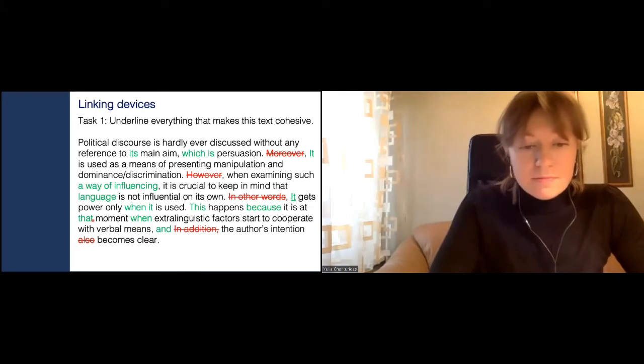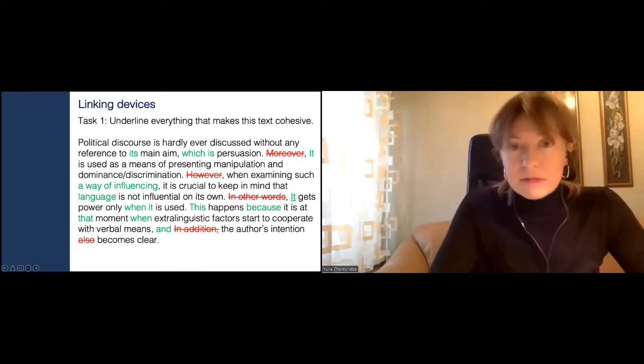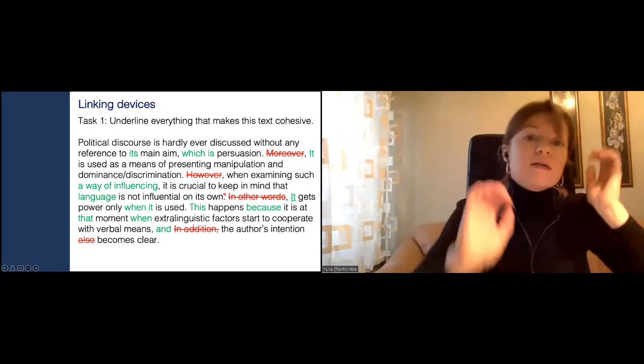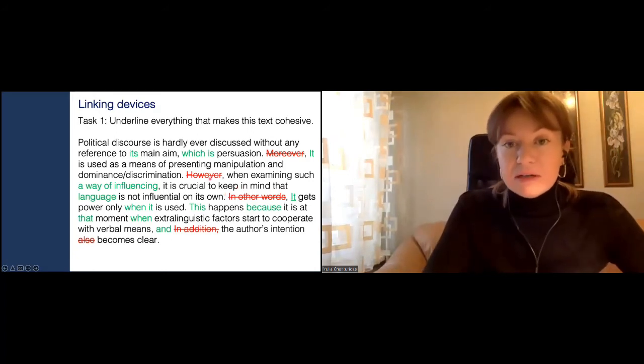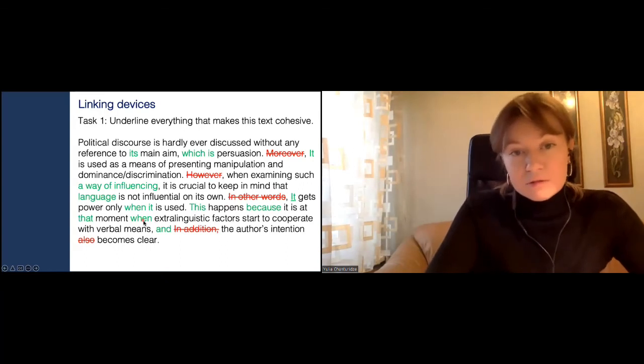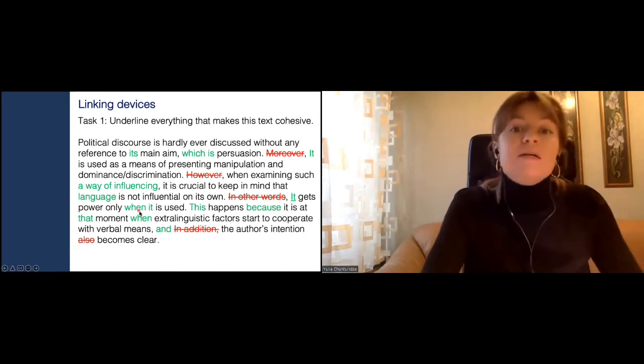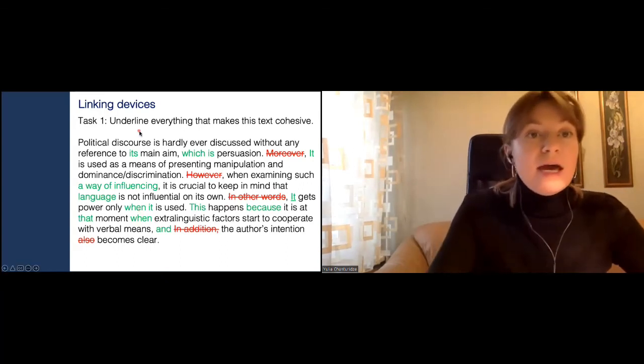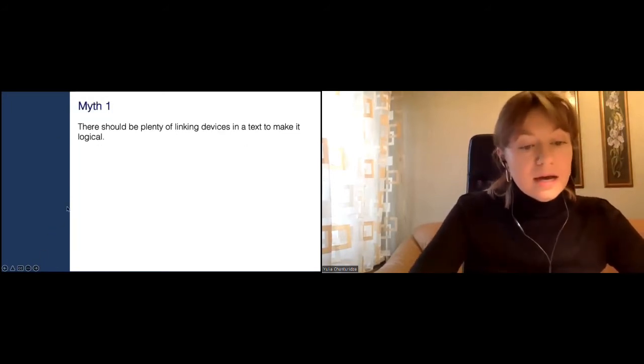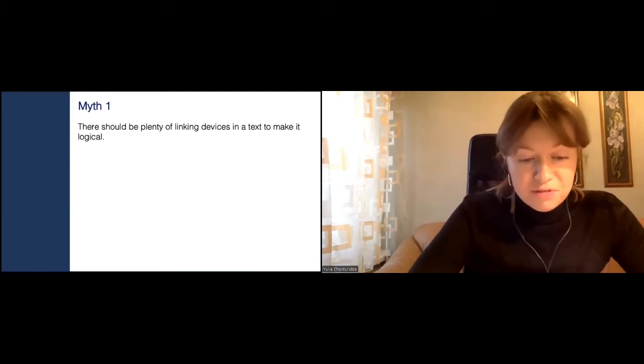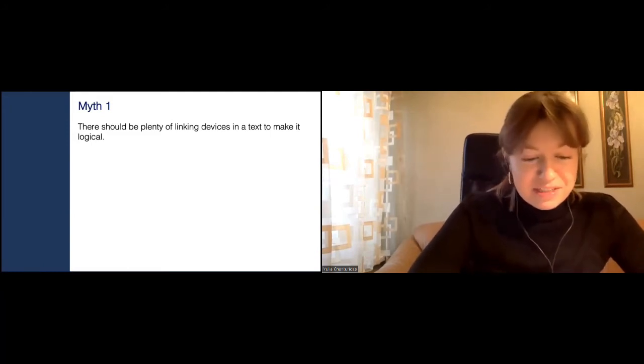Even though there is nothing wrong with using some of these linking devices that I have crossed out, maybe others would cross other linking devices. Still, we don't need so many. And this brings us to one of the myths. Since school, we've been taught to use as many linking devices as possible in our writing.